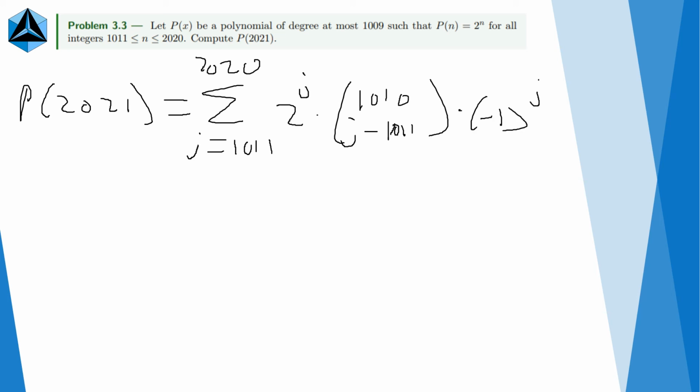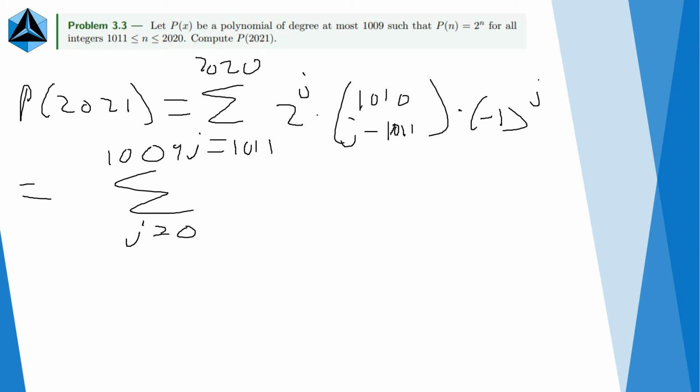Now we can make it so the summation starts at 0 instead of 1011, so just shift it back a bunch. So the summation of j equals 0 to 1009, I believe.